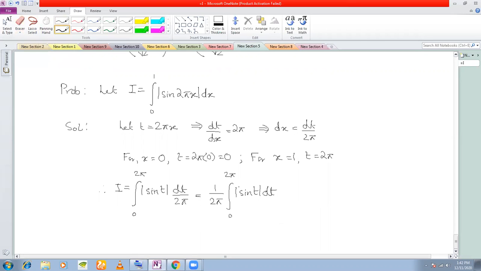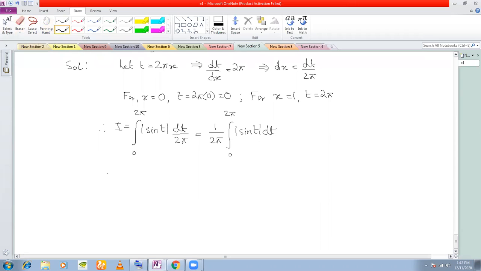Now, the limits are from 0 to 2 pi. We observe that mod sine t is equal to sine t. In which quadrant is sine positive? First and second quadrant. That means for t lying between 0 and pi, mod sine t is sine t, and sine is negative in the third and fourth quadrant.